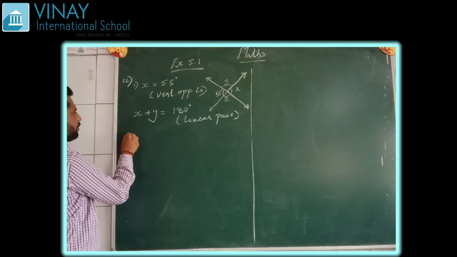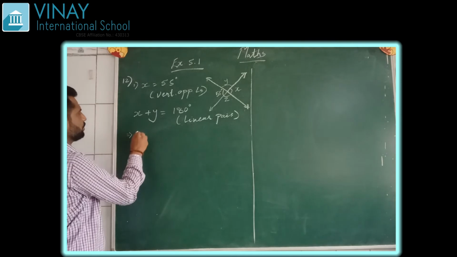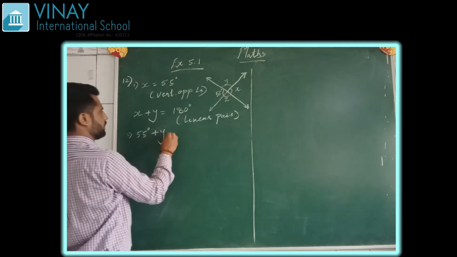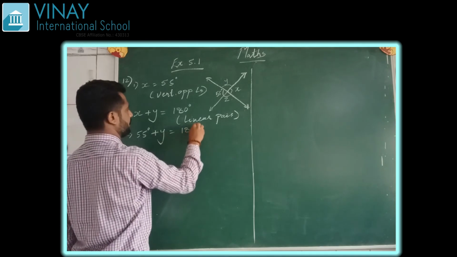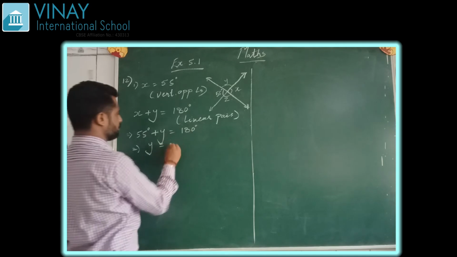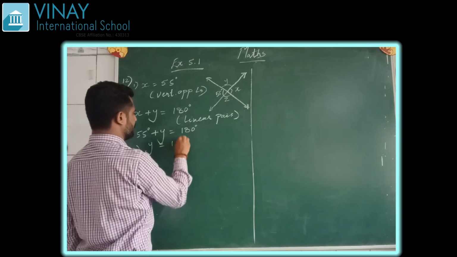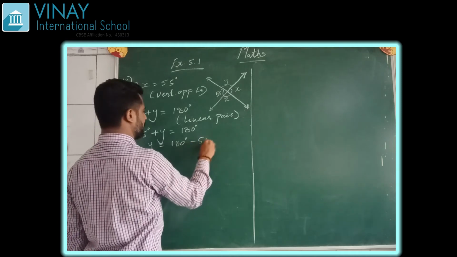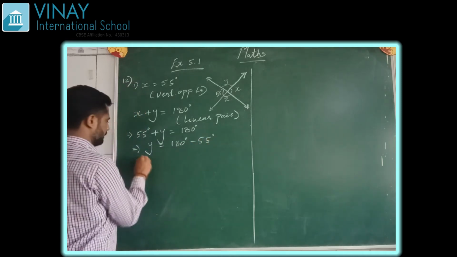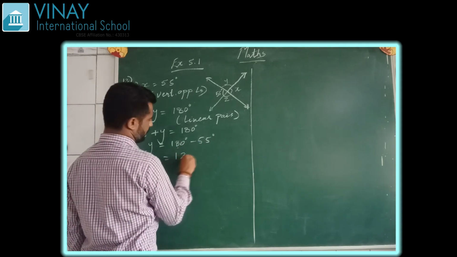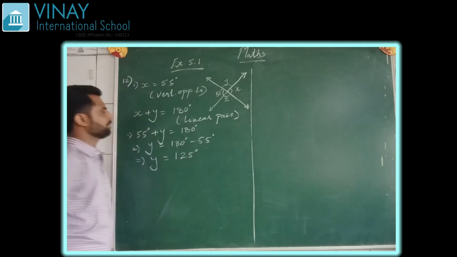So we know the value of x is equal to 55 degree, and x plus y is equal to 180 degree. So y is equal to 180 degree minus 55 degree, which implies that y is equal to 125 degree.